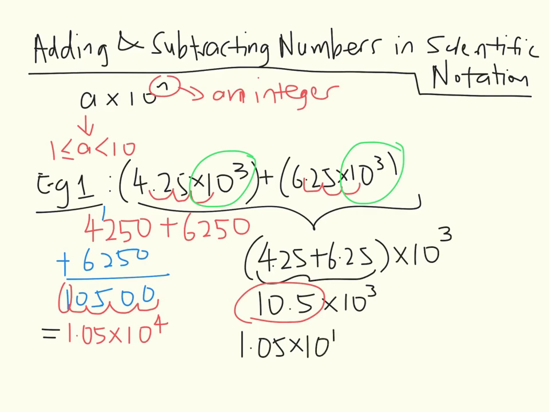So this is what I got, and I had to rewrite 10 to the third below. Using the product of powers property, I can add the two powers, and I'll end up with 10 to the power of 4.